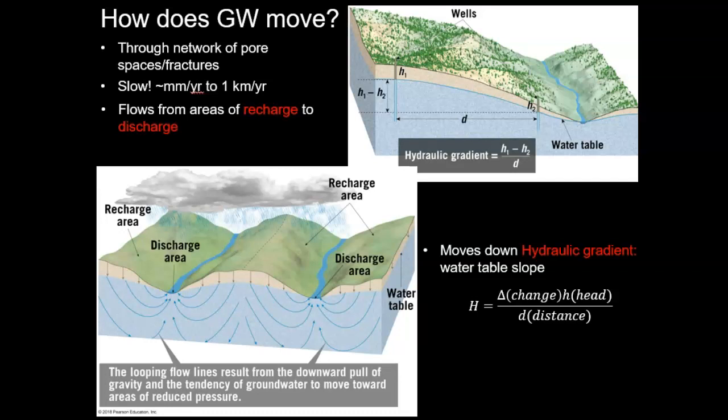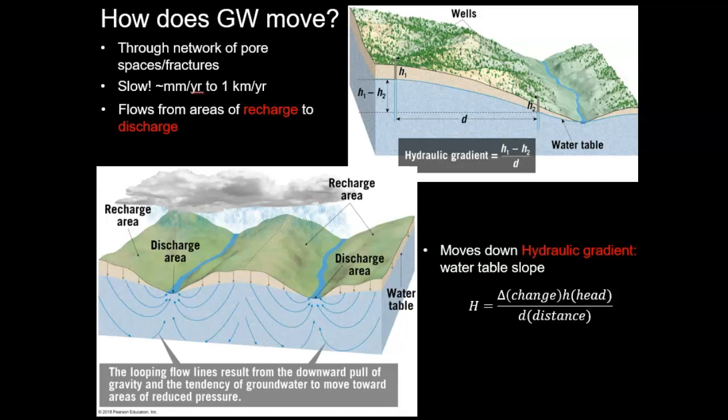Sometimes the curved pathways even go against the force of gravity, as you're seeing over here once it gets closer to the discharge areas. So this happens because the deeper you go into the zone of saturation, the greater the water pressure that will be present.